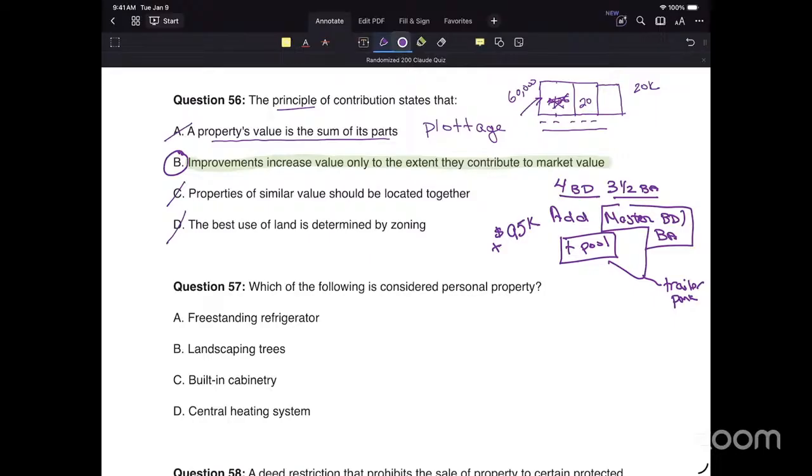So what this is trying to say is when you make an improvement, we can't just say the improvement always adds $95,000. You have to look at what you improved. The value of the improvement is considered by what you are improving. What is this being attached to? So yes, our answer is B.